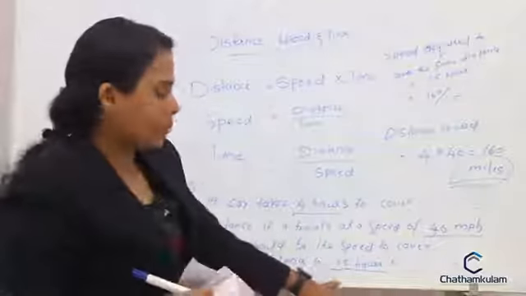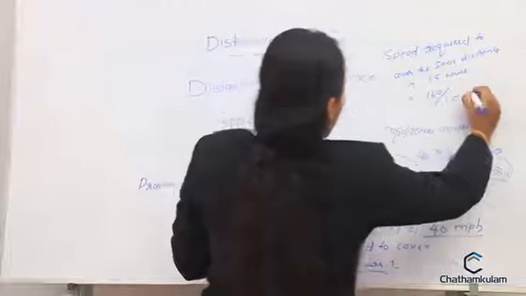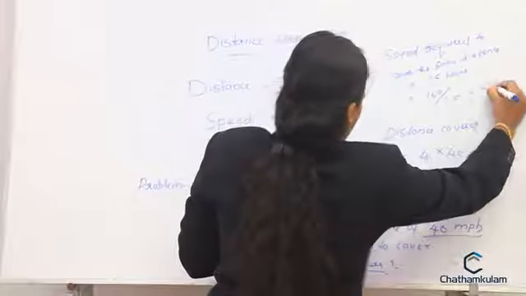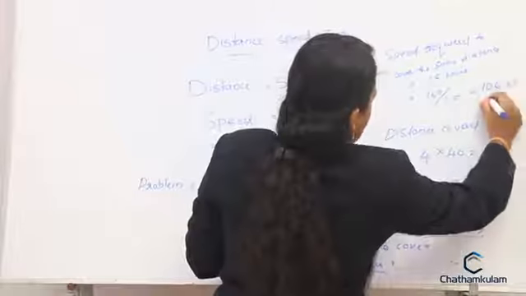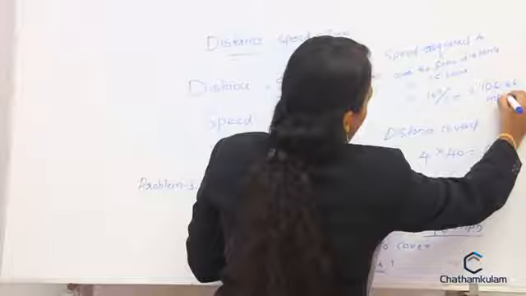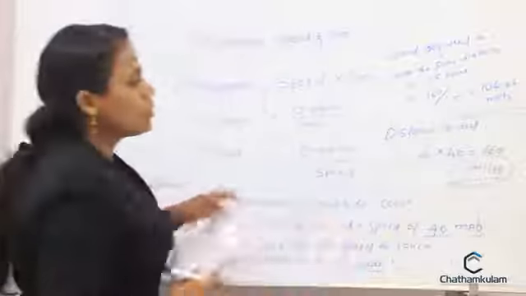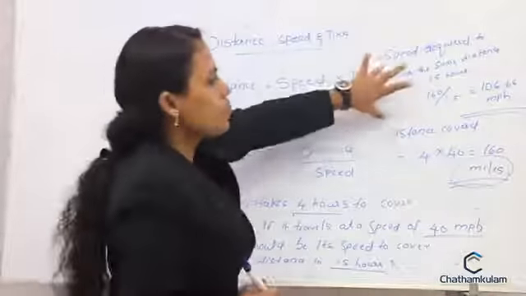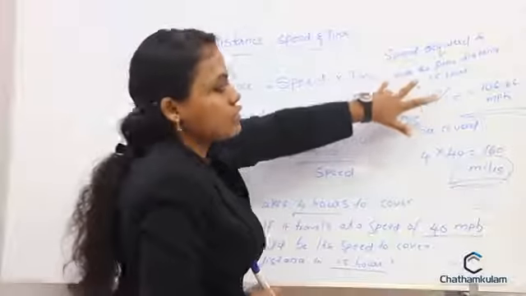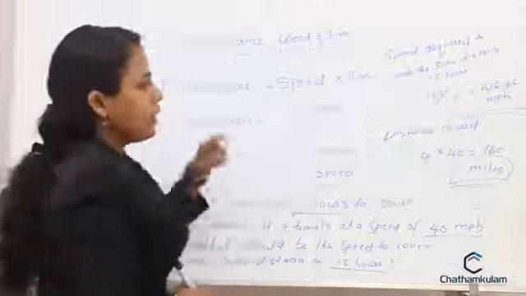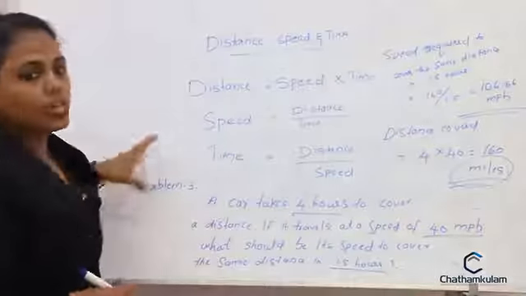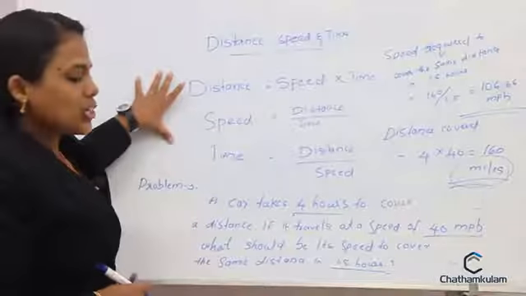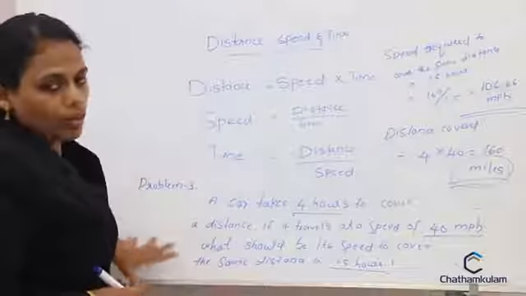So we will get 106.66 miles per hour. This is the answer for the speed required to cover the same distance in 1.5 hours. So these are the major 3 equations related to the problems.